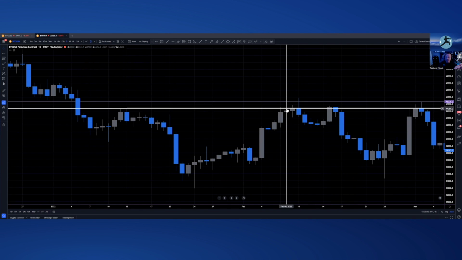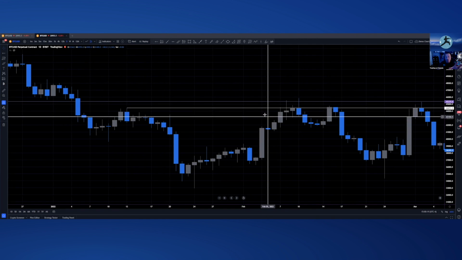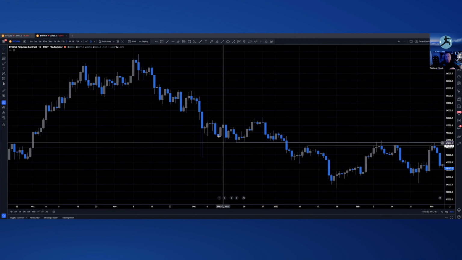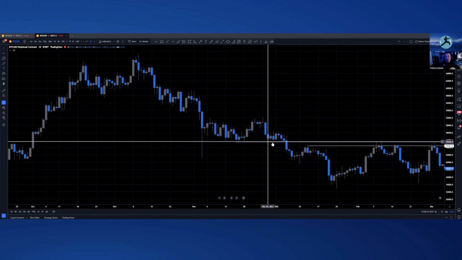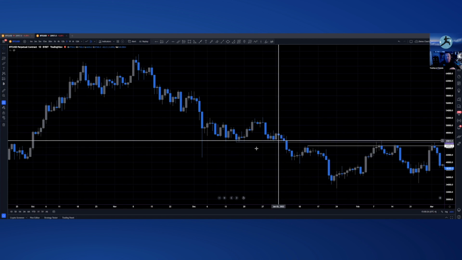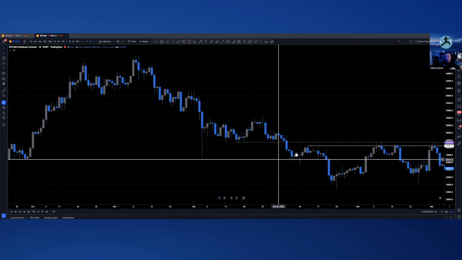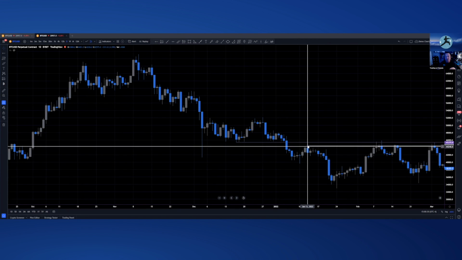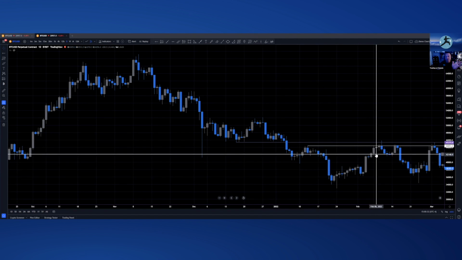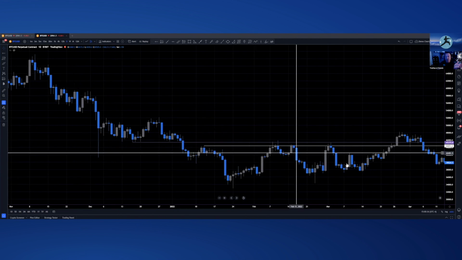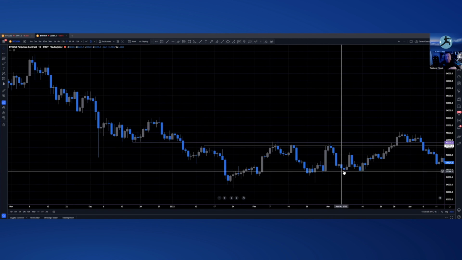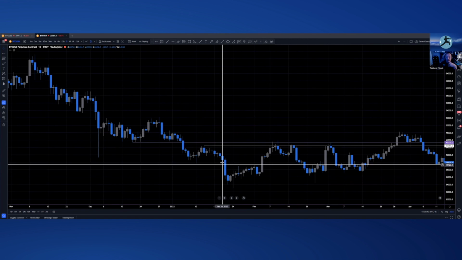And sometimes that works out, but it's risky. It's a lot more risky than looking for this right here. So if I'm going to look for a short, see this happen, I'm going to look for a short in this area, right? And I can hit this short and then bam, and I could have taken profits, and I could have kept riding it out and kept taking profits along the way.